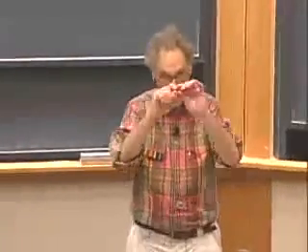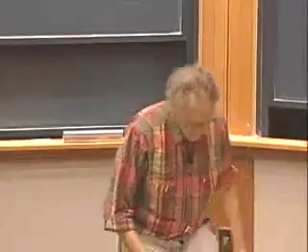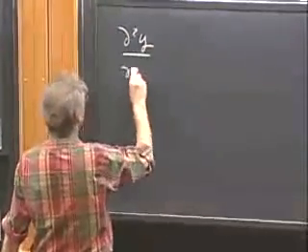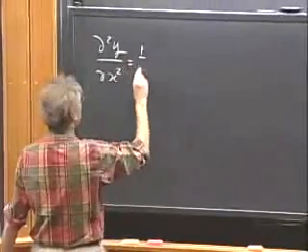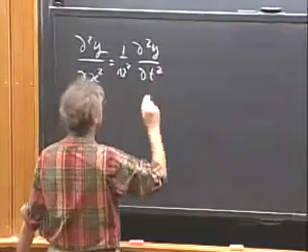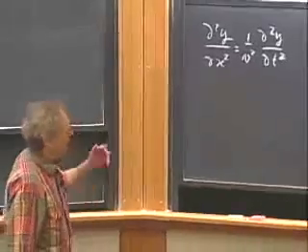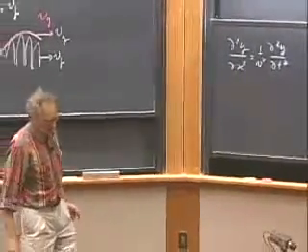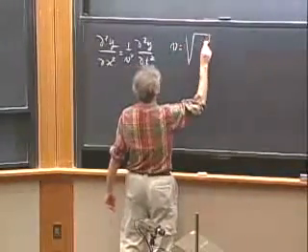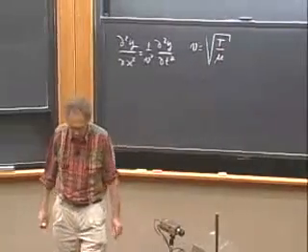So we made the wire like this, and then we had tension, and then we worked out the math, and then we found that in that case, d²y/dx² was 1 over v squared times d²y/dt². And we found, by substituting the solution into the wave equation, that the speed of propagation was the square root of T divided by mu, T being the tension, mu the mass per unit length.